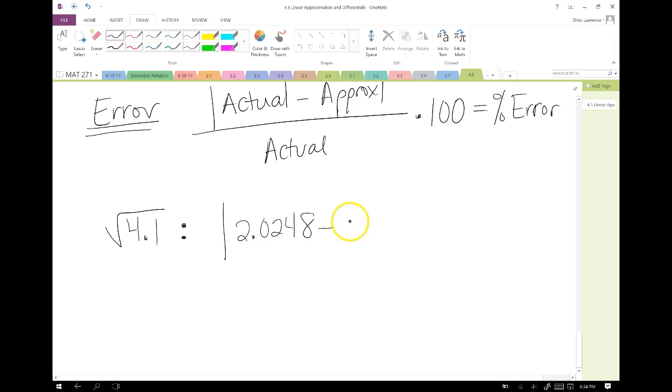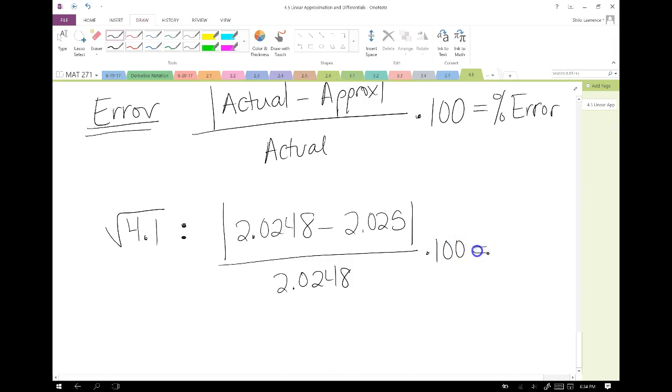And then our approximate was 2.025. And then we're going to divide that all by the actual, and then times 100. That will change it to a percentage for us. And this will tell us how far we're off as a percentage.